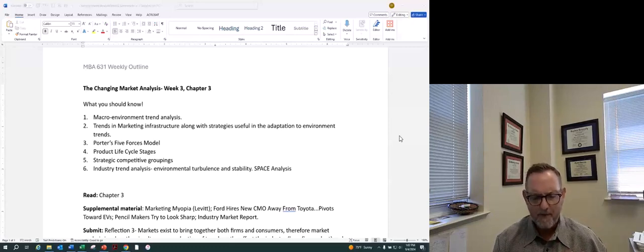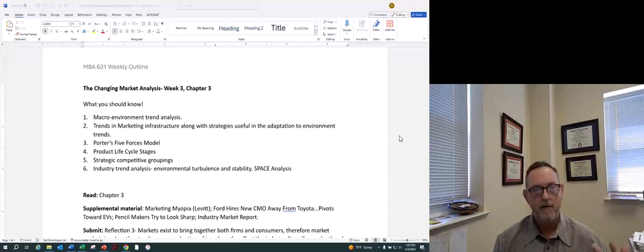This chapter dances around a lot of topics, all of which really focus on this notion of changing, shifting, or evolving conditions in the competitive landscape from an industry's perspective, but also from a market perspective too. So that's in a nutshell what we're looking at here.